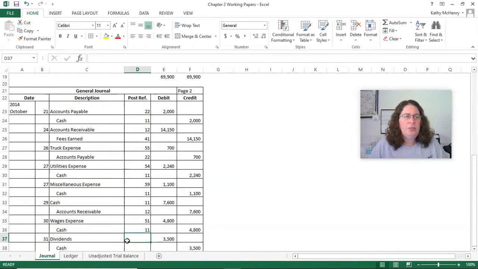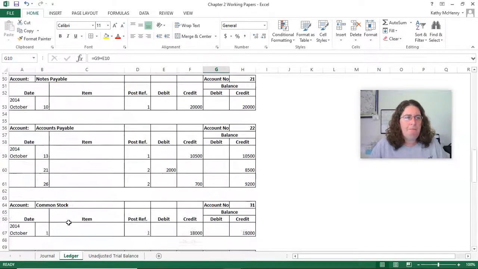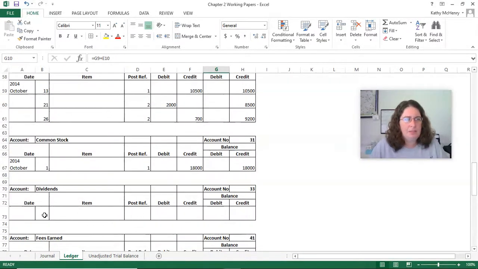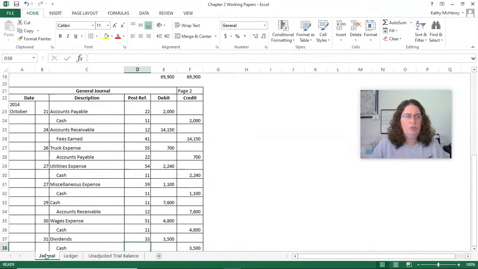On the 31st, we had a debit to dividends for $3,500. And it's 33, back to our journal.